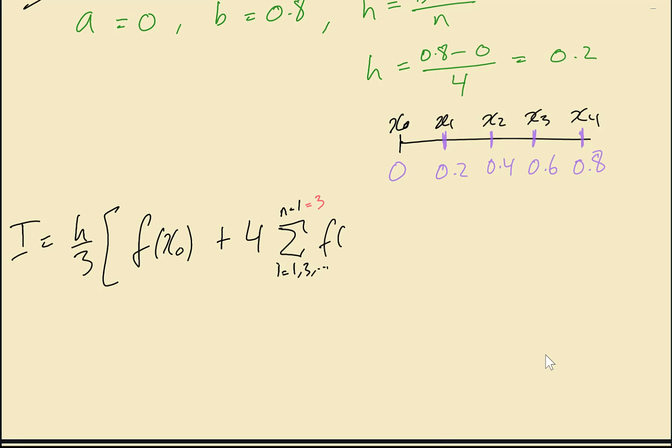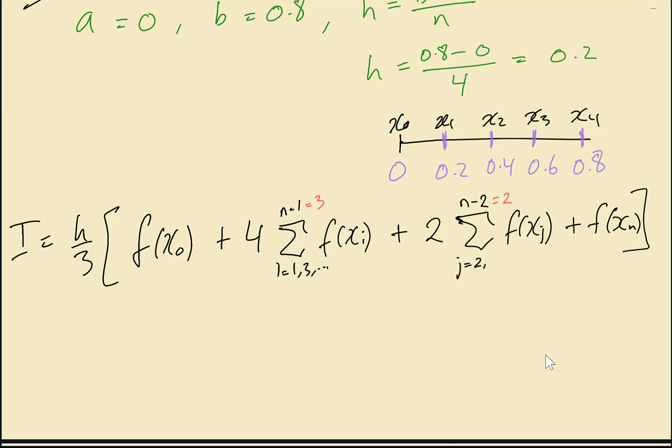This is called f of xi. Plus 2 times the sum of the evens, so we're going to have 2 up to n minus 2. In this case, n is 4, so n minus 2 is 2. That means we're only going to have one even number, and this is going to be f of xj, plus the last point, which is f of xn.